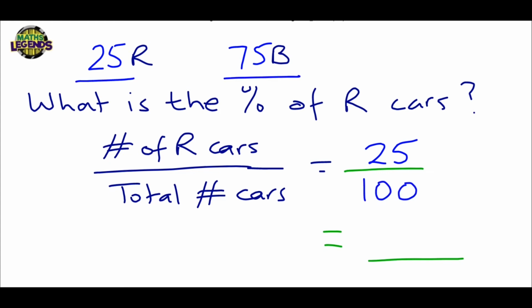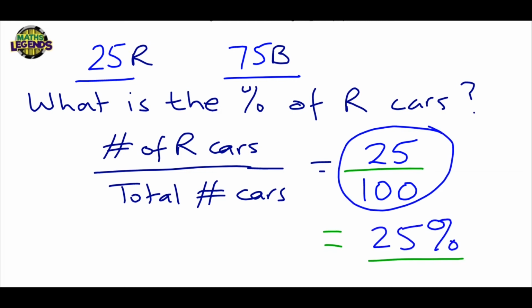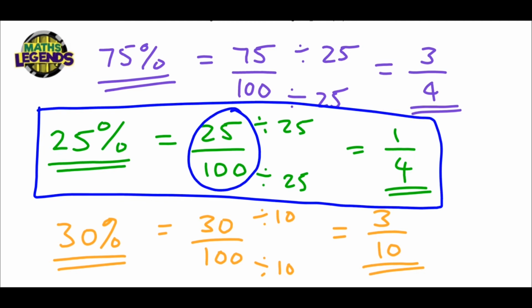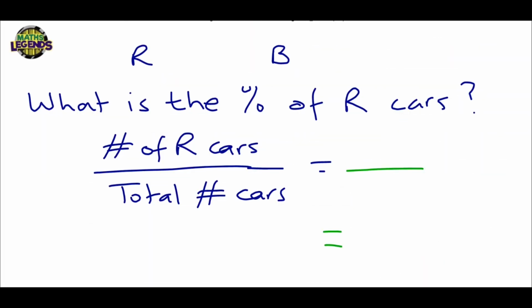This is already out of 100, so it's in the format of a percentage. So the answer is 25%. Seeing this 25 out of 100 should remind you of what we saw in the previous example. So here we saw 25 out of 100 was equal to 25%.